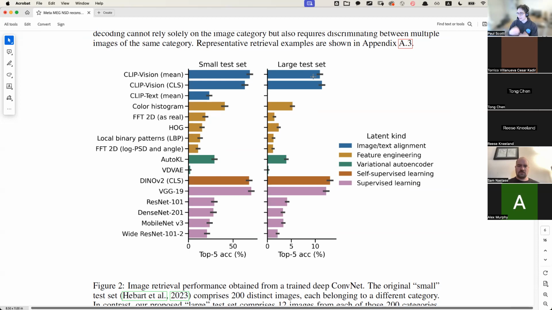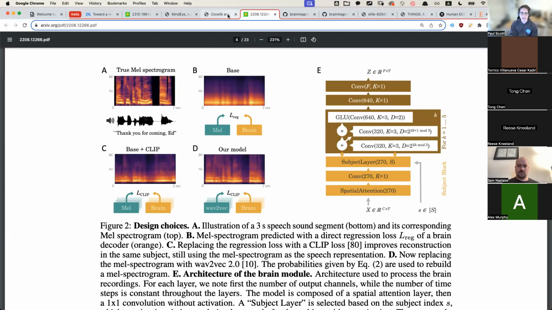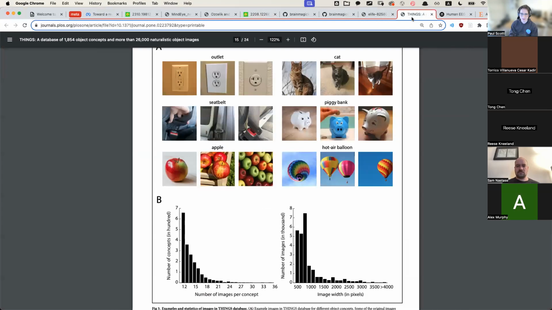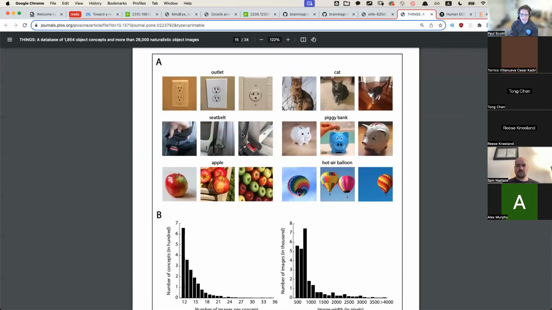The images span over 1,000 categories in THINGS. These categories are things like outlet, cat, seatbelt, piggy bank, so you have these different exemplar-level categories.